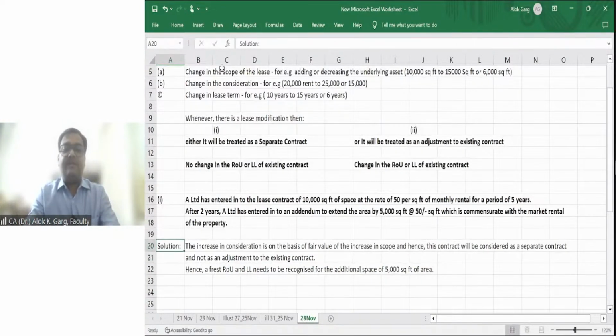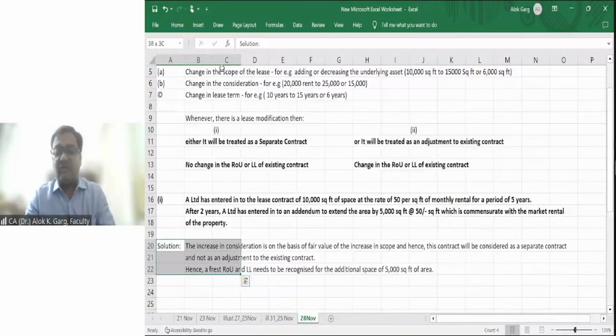Sir, what happens if the increase in space is not commensurate with the increase in consideration on the basis of fair value? For example, there is an increase in space by 5,000 square feet, but the rental which the lessor is charging is less than market rental.